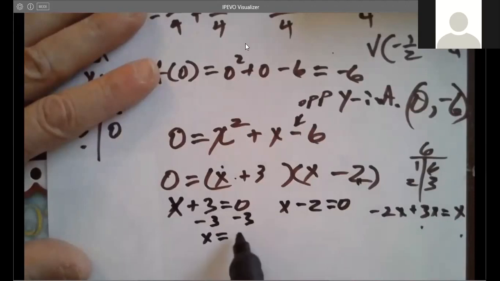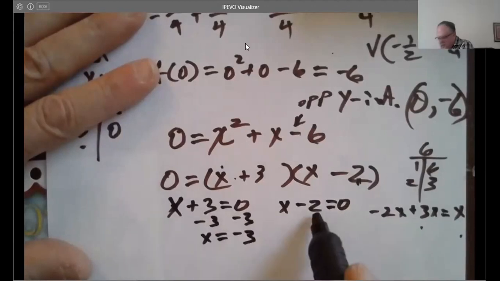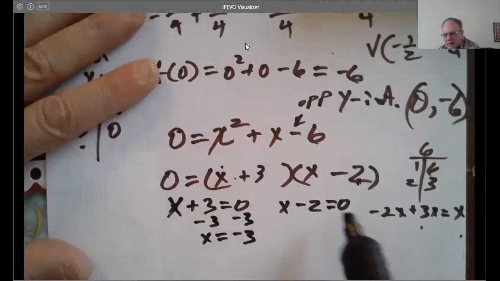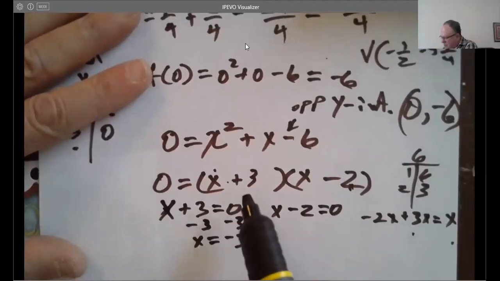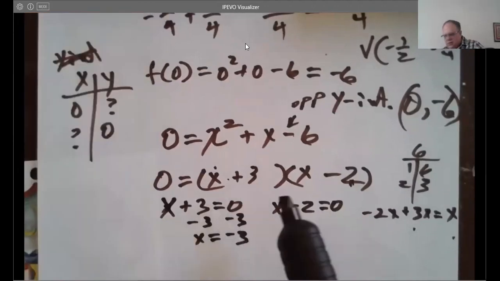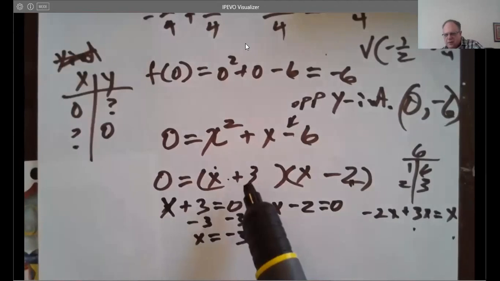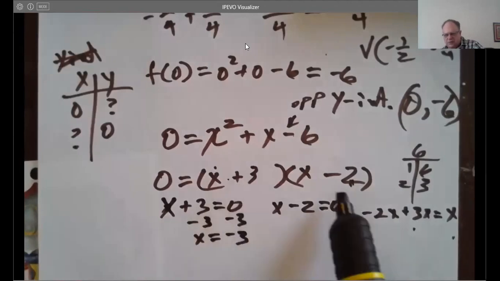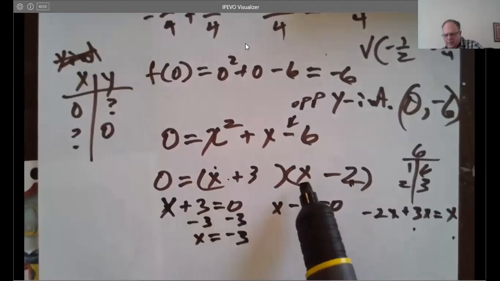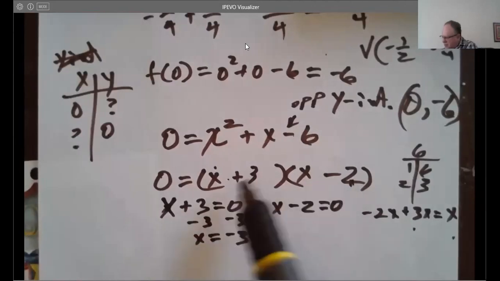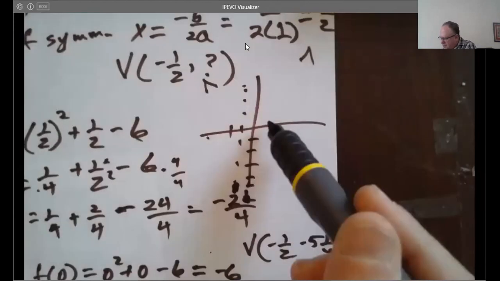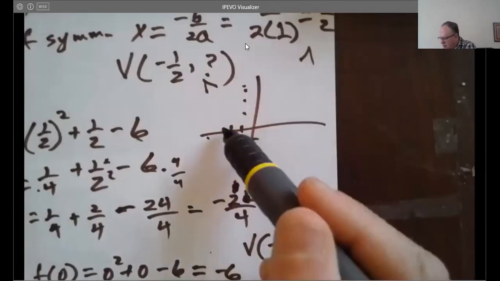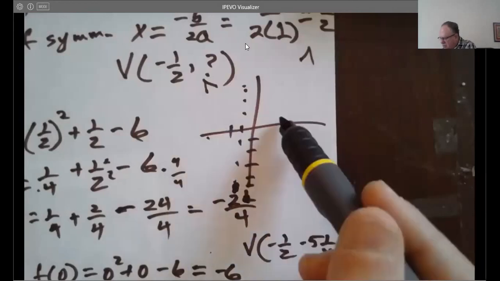Where does the 3 and the 2 come from? Well, when you're using what's called the zero factor property to solve, what you're trying to do is find where y is 0.